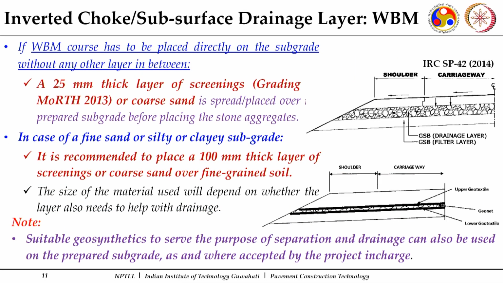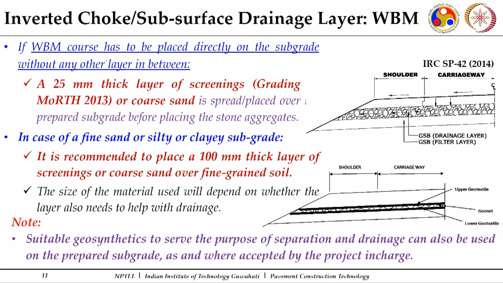Now, as mentioned, in certain cases you use the waterborne macadam as a subbase course, which you place directly over the subgrade. Then it is always preferred that a 25 mm thick layer of screening is placed in between. The screening material gradation is already specified.